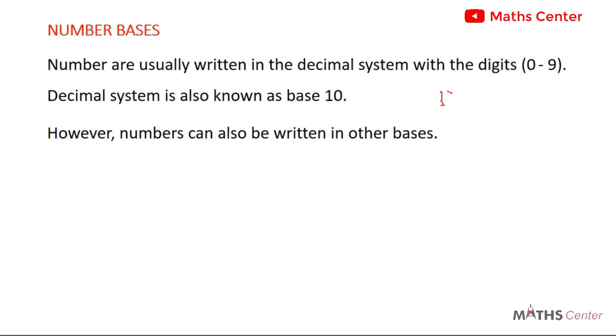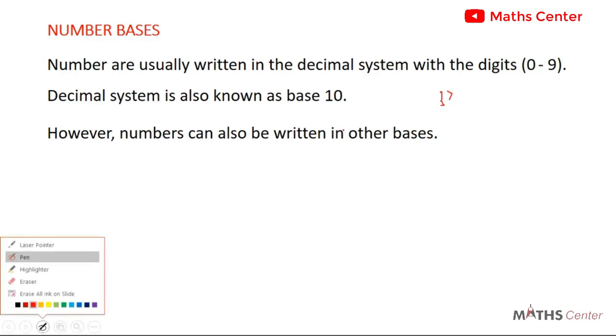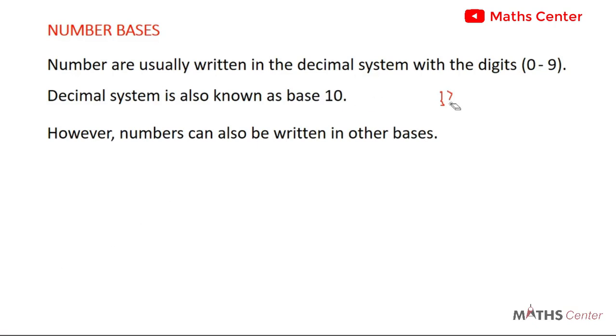If you pick the number 37, we can see that we got 37 from the digits 0 to 9. So 3 is within this range and 7 is also within this range. Now 37 here is written in base 10.